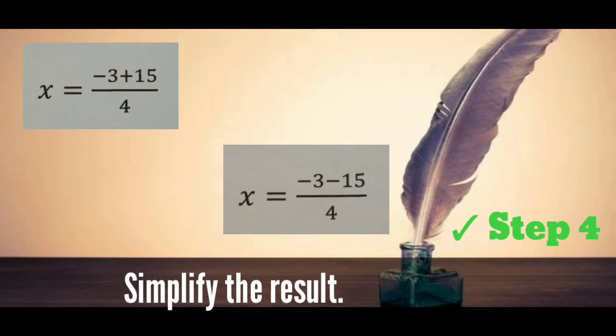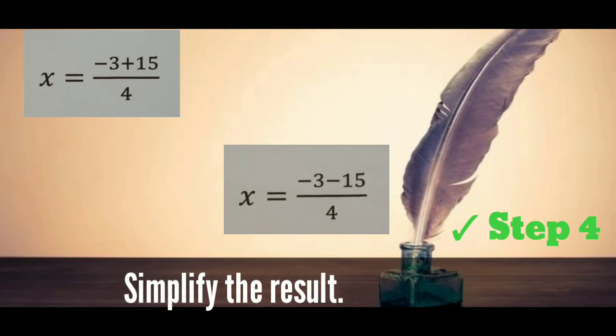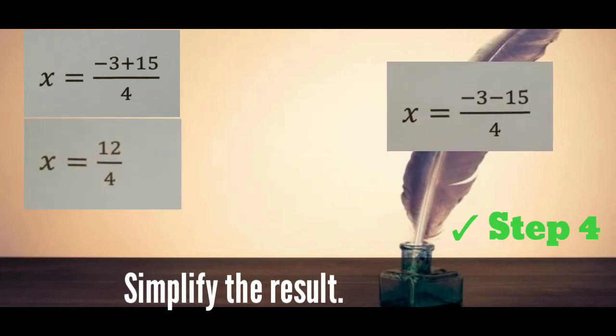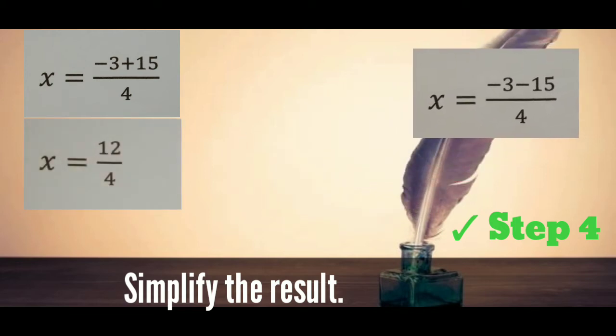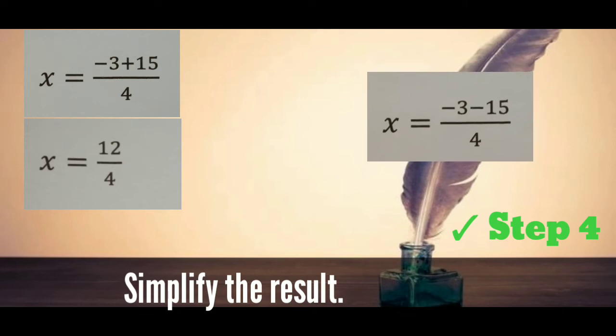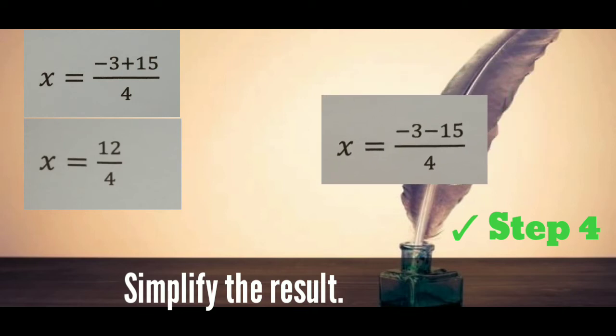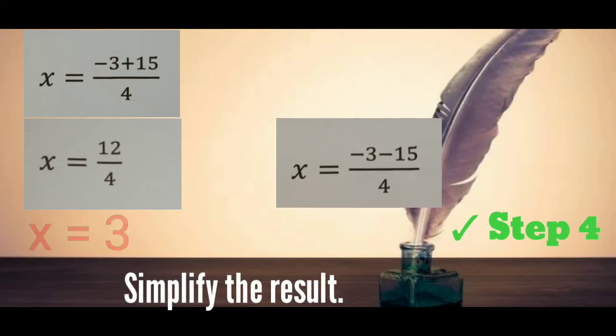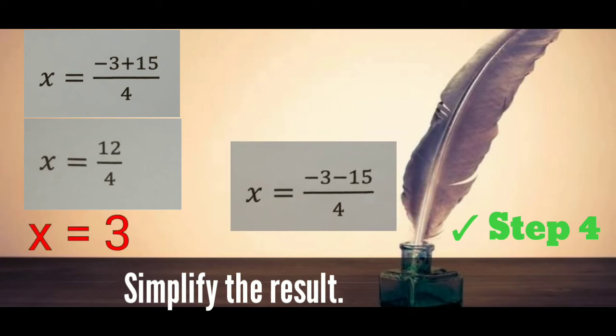Okay, so let's solve first. x equals negative 3 plus 15 over 4. So negative 3 plus 15 is equal to 12 over 4. 12 divided by 4 is 3. So we have x equals 3.